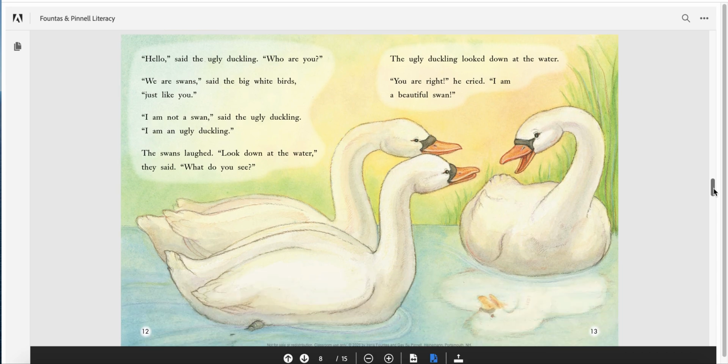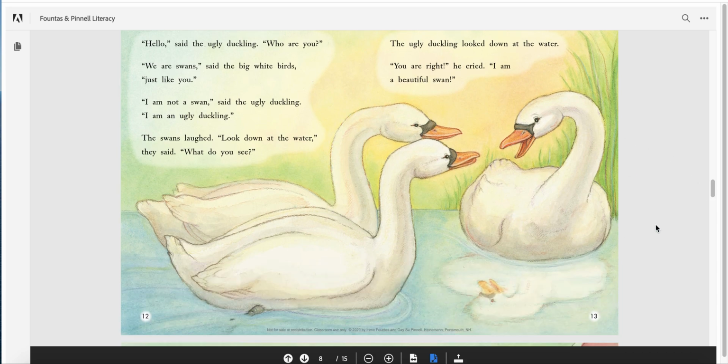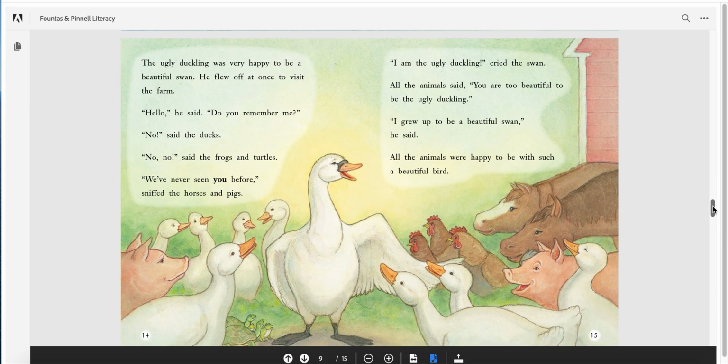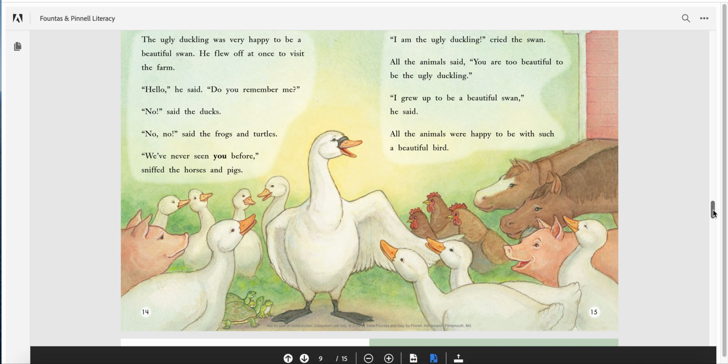So finally they made the ugly duckling feel happy, changed. And then finally, the new swan, I will call him, went back to his old family, and finally they all accepted him into the family.